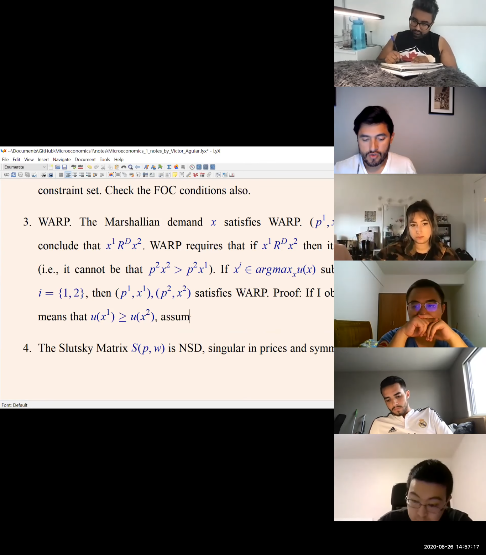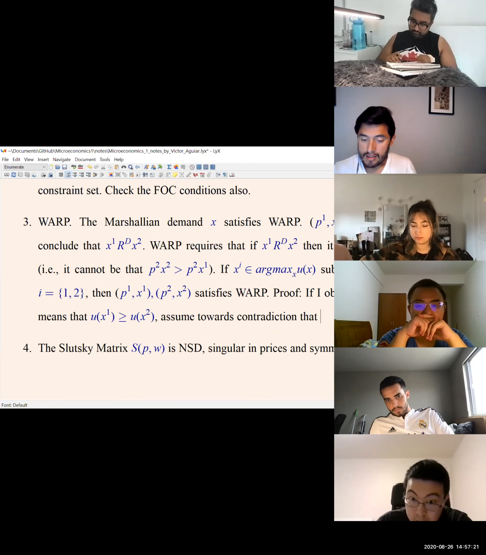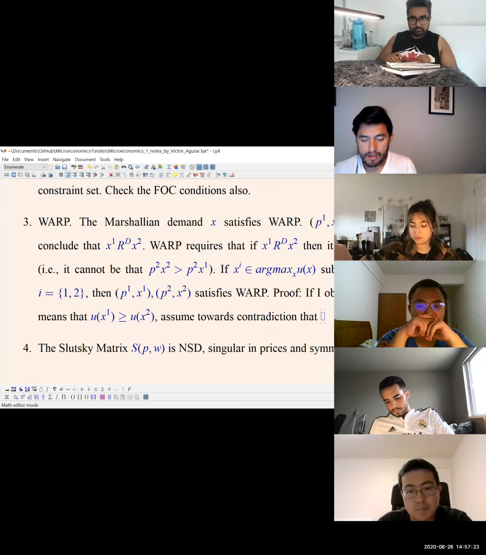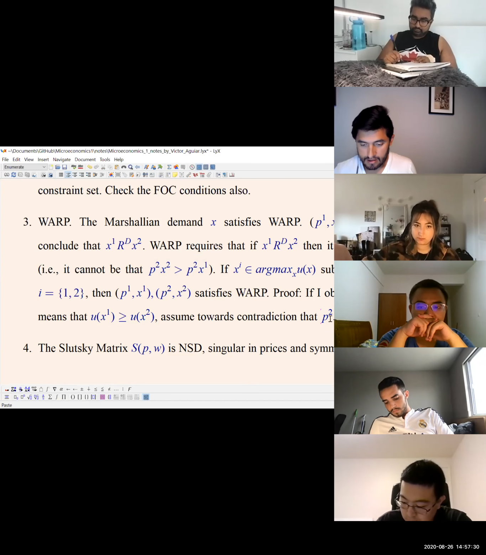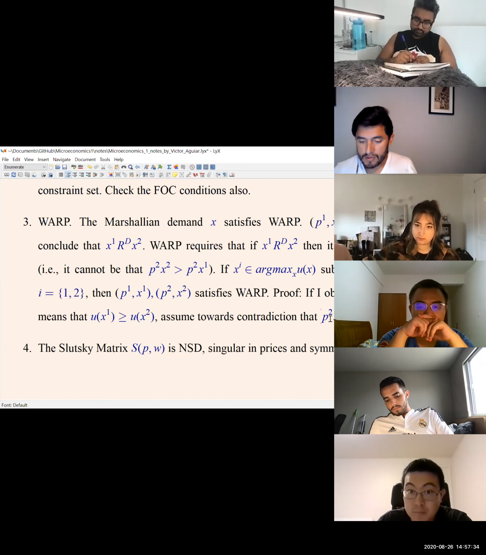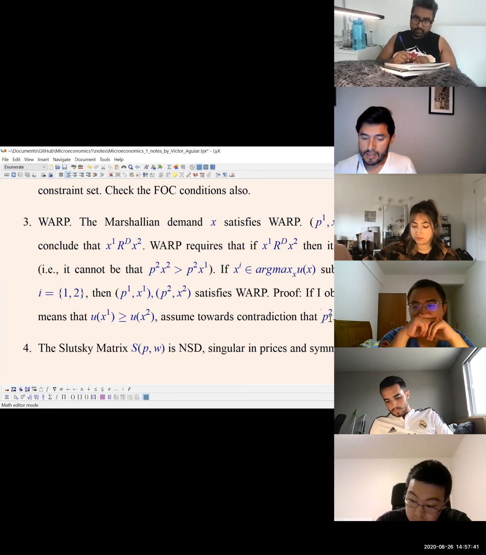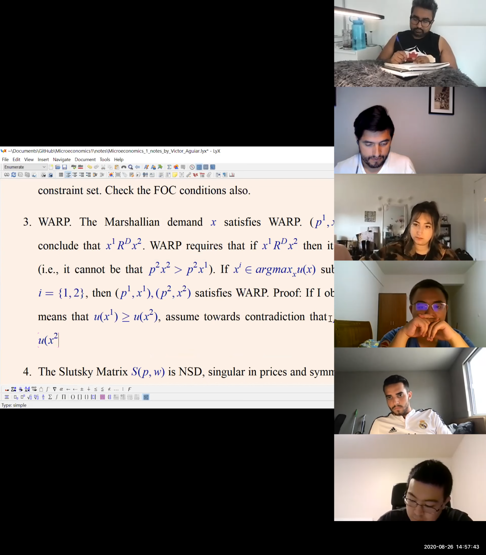Now, assume towards contradiction that the violation of WARP happens. Okay? And this is telling me two pieces of information again, but this means that the utility of X2 is strictly greater than the utility of X1, okay?